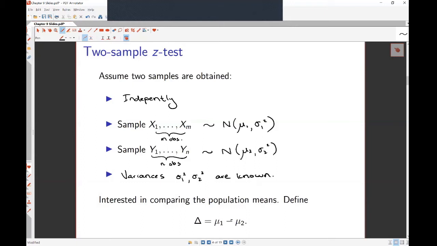And what we want to do is develop a way of comparing the two population means to one another. And we're going to do that by looking at the difference of the two means. So we're defining a parameter delta here, and delta is defined as mu1 minus mu2. So it's the mean of the first population minus the mean of the second population.